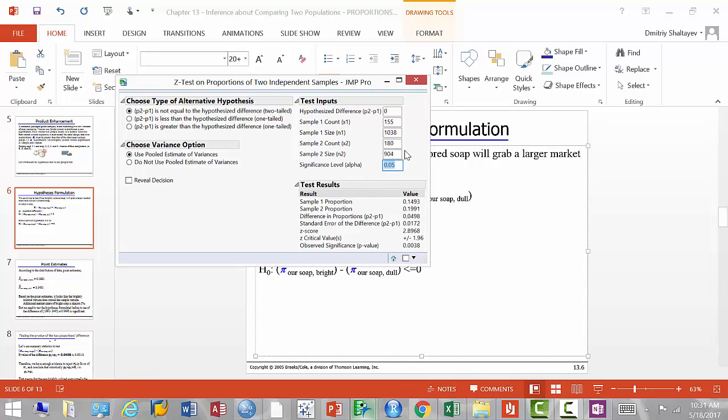So I have my numbers, summary statistics already set up and entered. Make sense? Now the only thing remaining is I need to pick which one of these options do I want, right? It says select your alternative hypothesis. Is it P2 minus P1 not equal to whatever you hypothesized, greater than or less than?